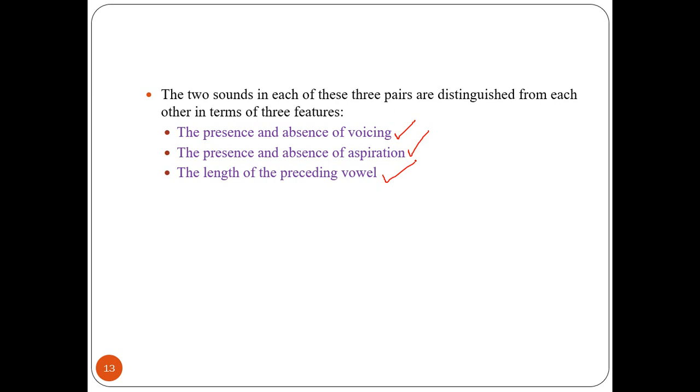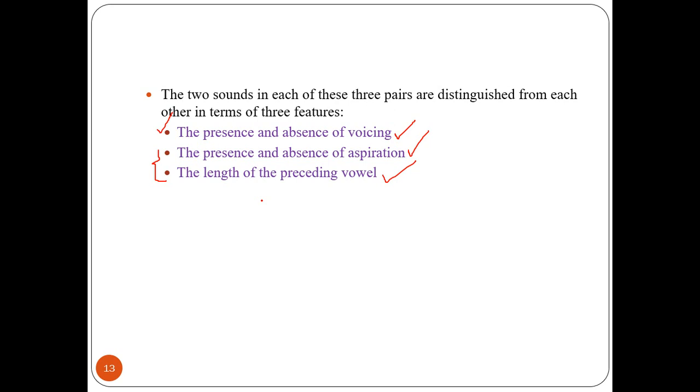The first is a phonetic feature, while these other two are phonological features, related to the system of English. Keep in mind that the length of the vowel may be affected; some vowels may be shortened or lengthened depending on the nature of the plosive.